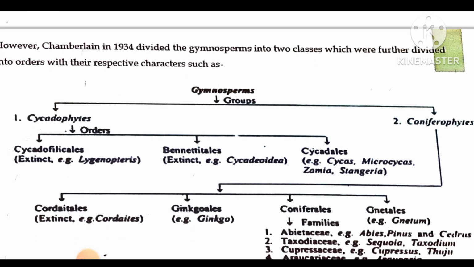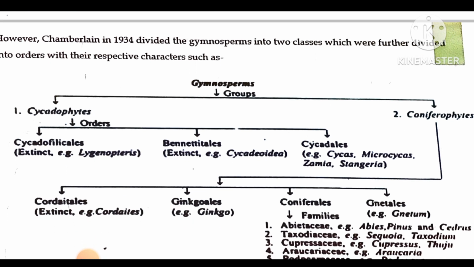Now, Chamberlain in 1934 divided the gymnosperms into two classes, the Cycadophytes and the Coniferophytes.